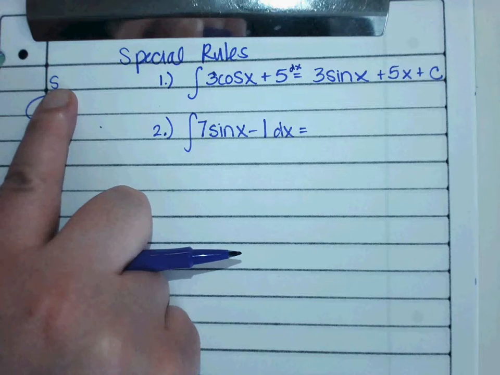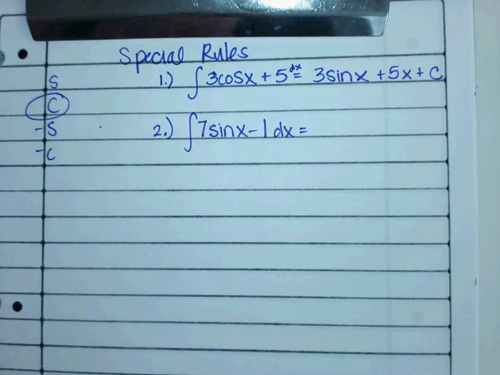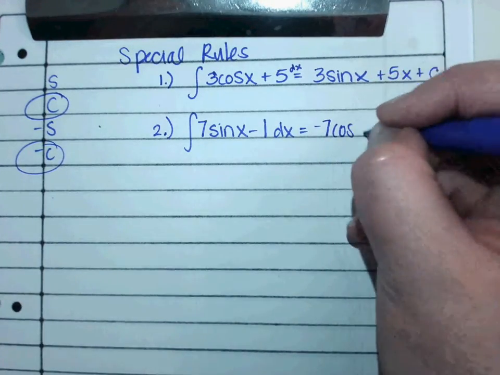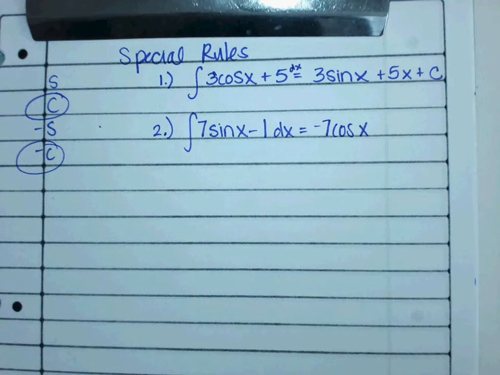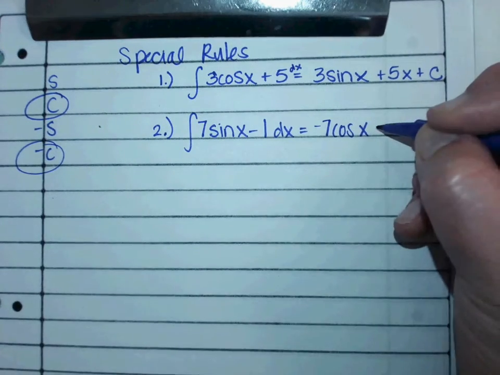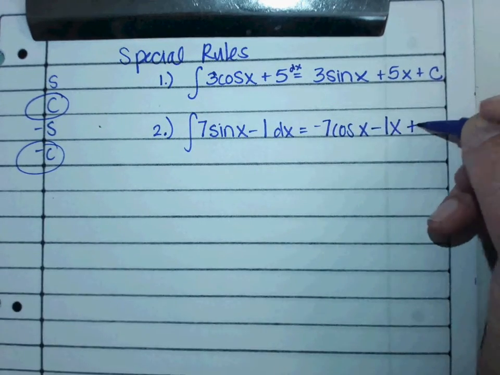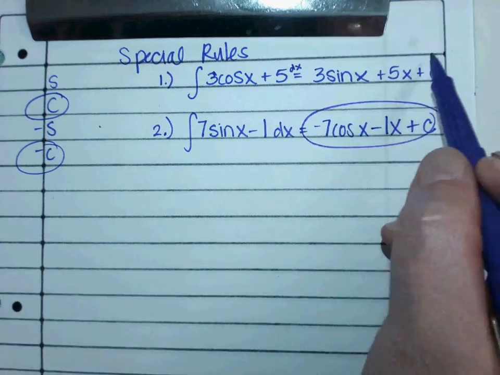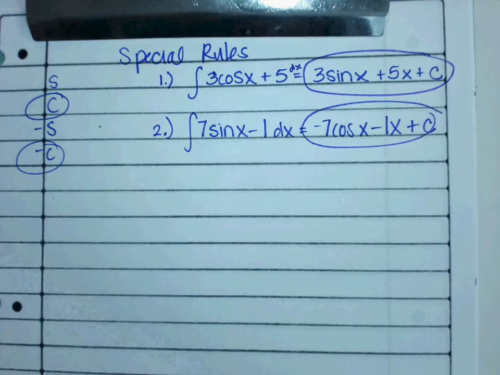Where do I end up if I'm at the top and I need to go up? Negative cosine. So I'd be at negative 7 cosine x. What's the integral of minus 1? 1x plus c. So you're basically just using the exact same strategy, you're just going the other direction.